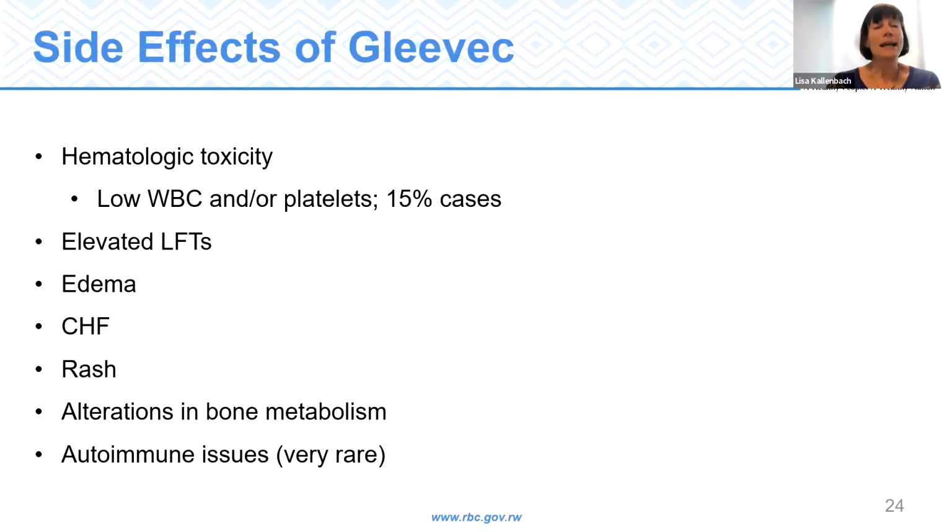So the most common side effects are hematologic toxicity with a low white blood cell count or low platelet count, and that occurs in about 15% of cases. Elevated liver function tests, edema, congestive heart failure, rash, alterations in bone metabolism, and autoimmune issues, which are extremely rare.